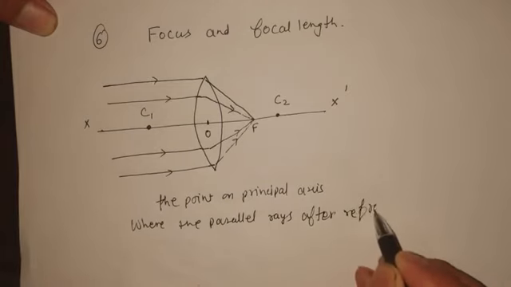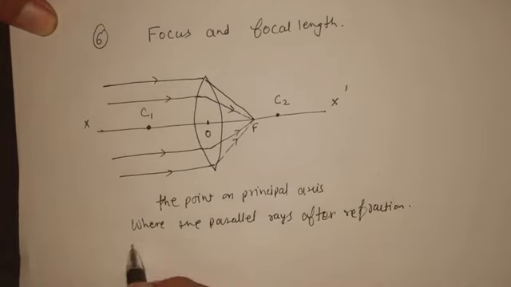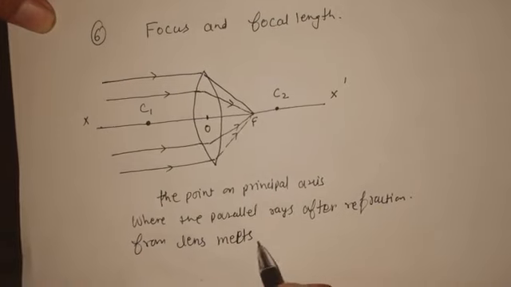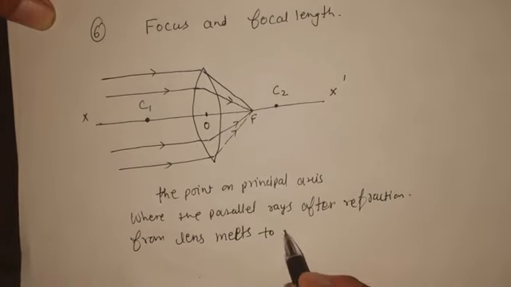Now one thing you will observe here: what is the direction of light? Light is going from left to right, and you measure the focus from the optical center towards the right side.